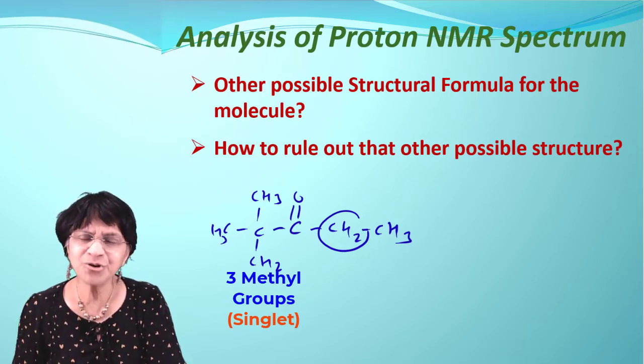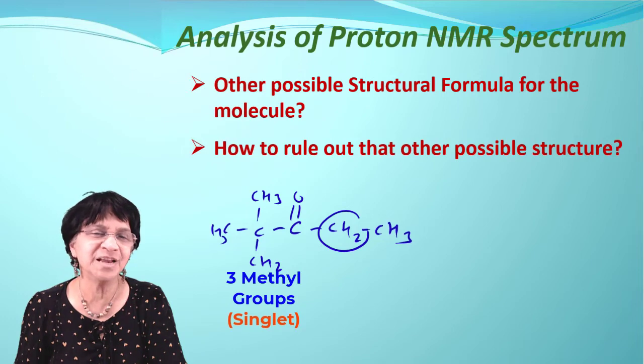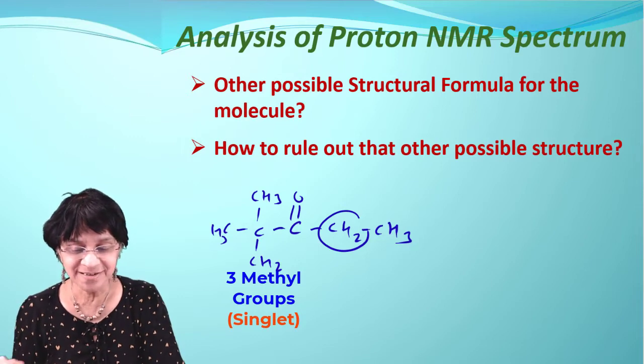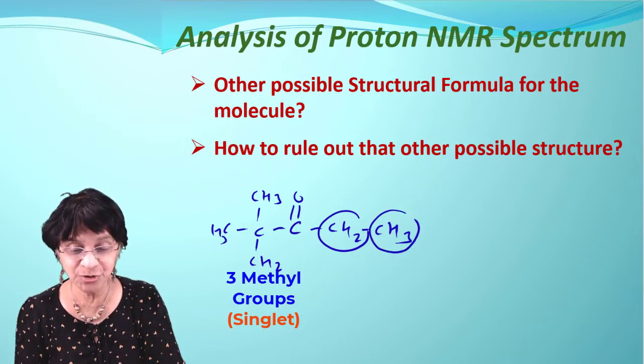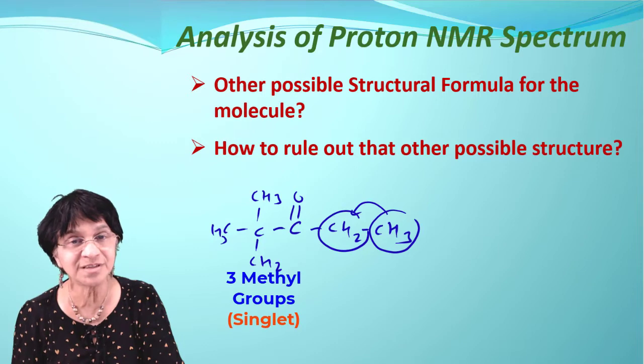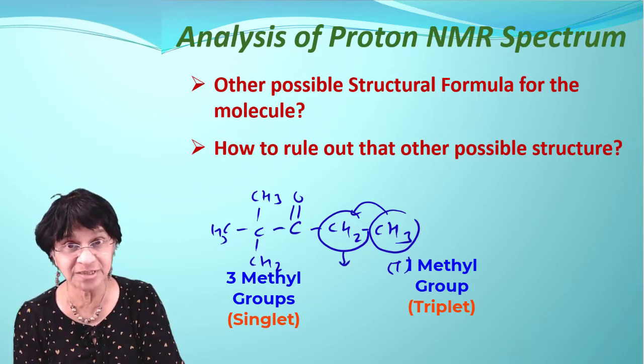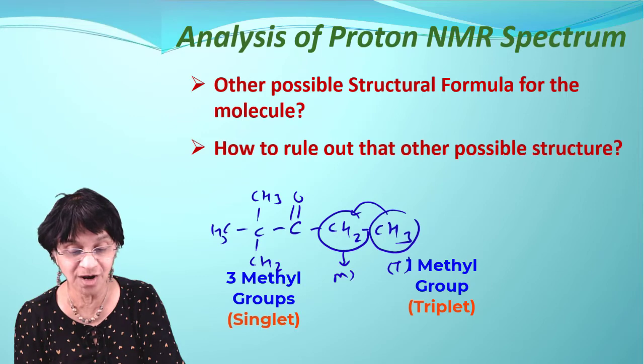But how could you rule out the structure if the NMR given to you was showing 3 singlets? What happens here? This CH3 group is coupling with these 2 protons, so that will show as a triplet. This group is coupling with 3, so that is going to show a multiplet.